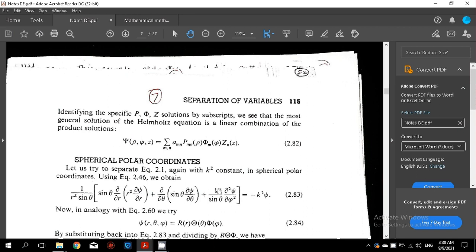And this term k square psi has been taken on the other side of this equation. So equation 2.83 has been written by using the value of del square in polar coordinates, and in the next step we will split this function psi, which is an implicit function of r, theta and phi, into a product of three functions: capital R, which is only a function of r, capital theta, which is only a function of theta, and capital phi, which is only a function of phi.